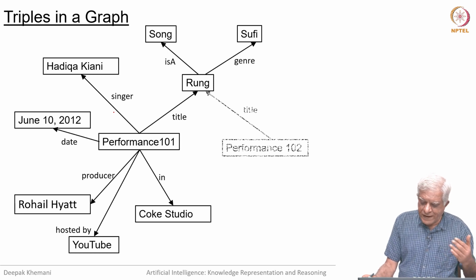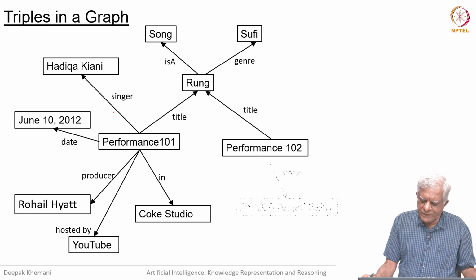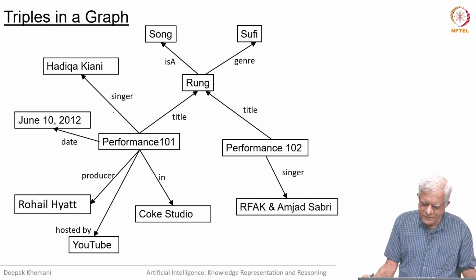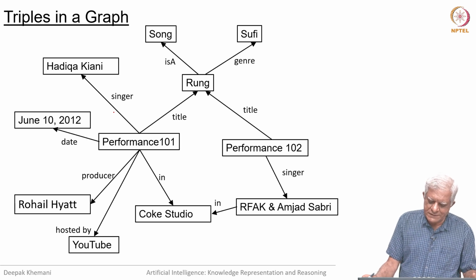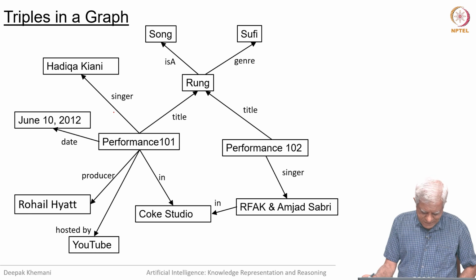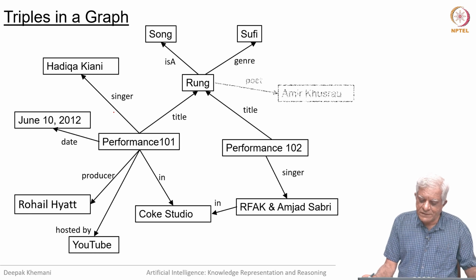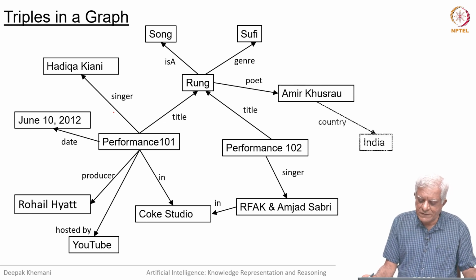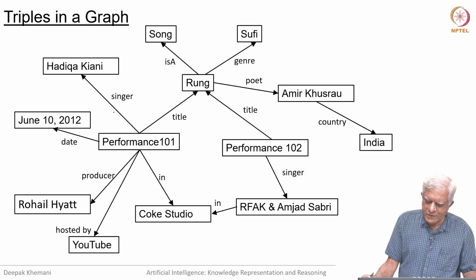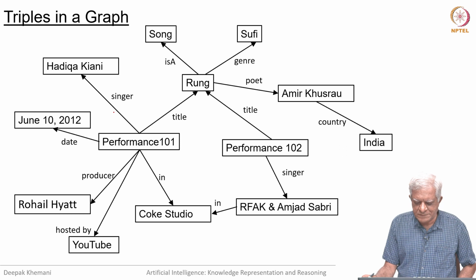So, that is what we can add now: there was a performance 102, the singers were RFAK and Amjad Sabri and this was also in Coke Studio. The third sentence said that the poet of Rang was Amir Khusro and Amir Khusro was an Indian poet, his nationality was Indian.